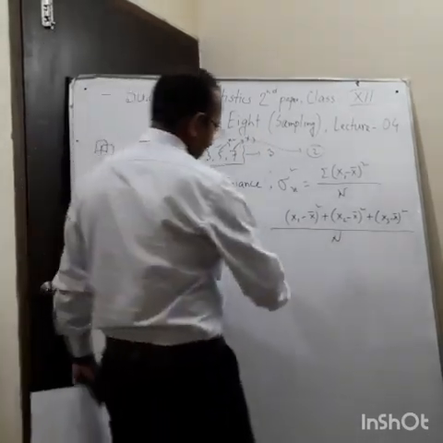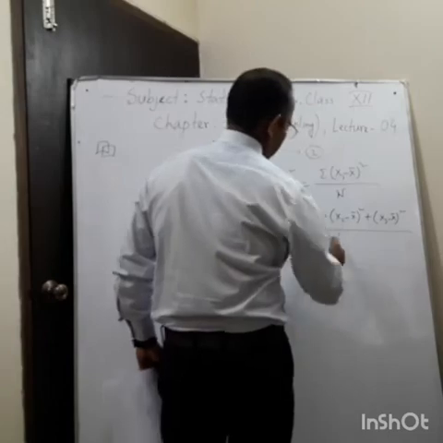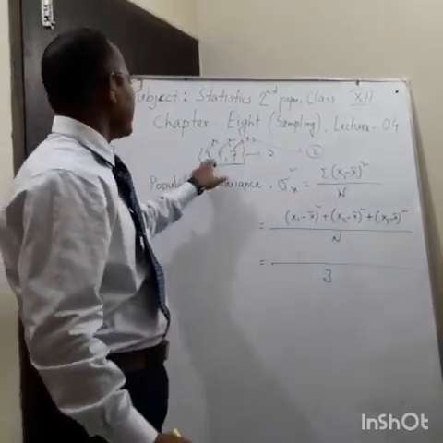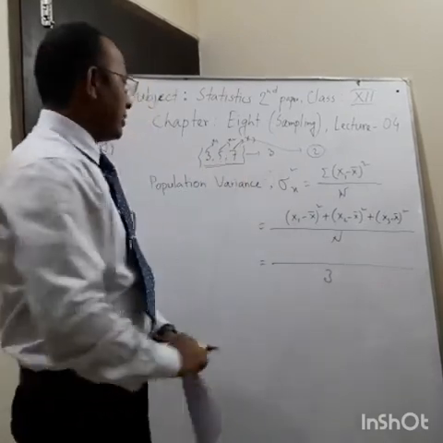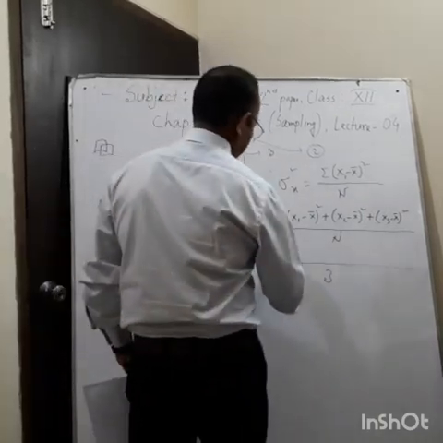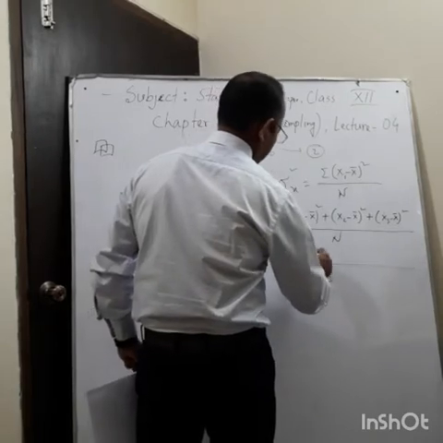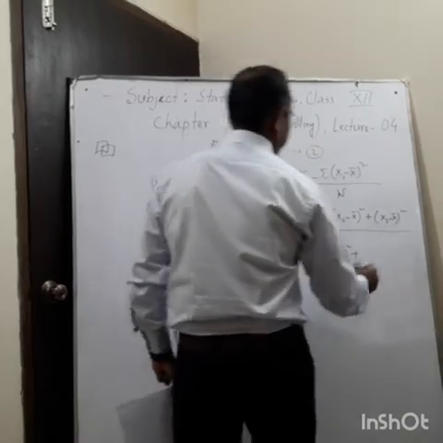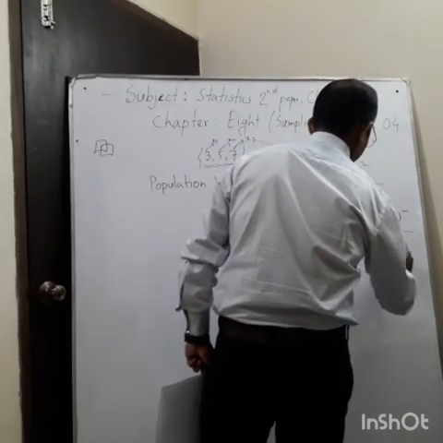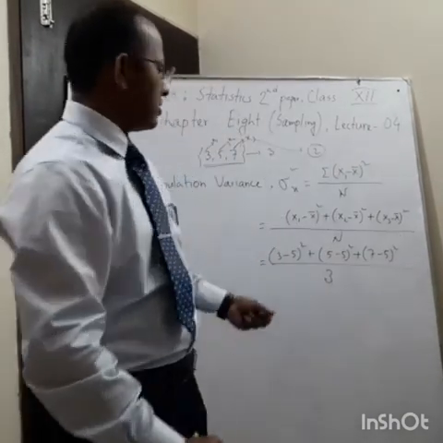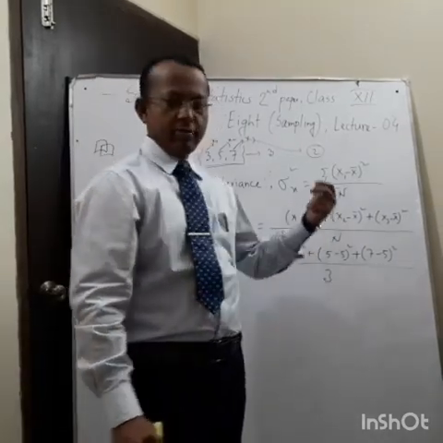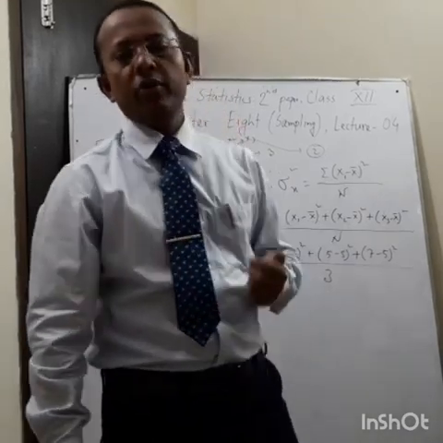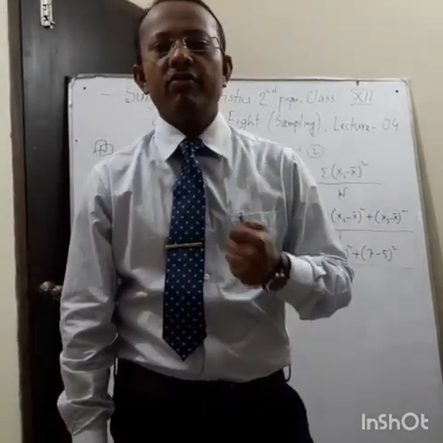So it will be, n means 3, population size is 3, that is there are 3 elements, and (3 minus 5) whole square, (5 minus 5) whole square plus (7 minus 5) whole square, because just a few minutes ago we determined the value of x bar and obtained x bar equal to 5.